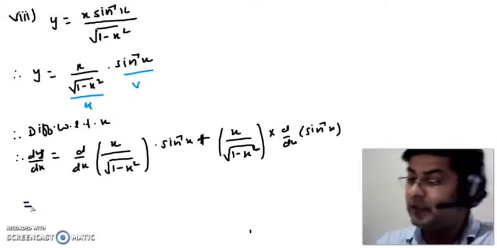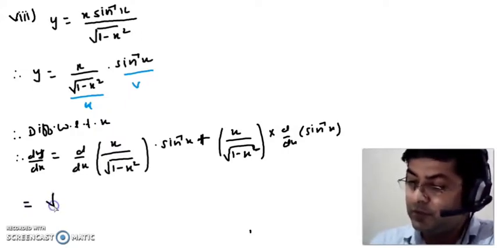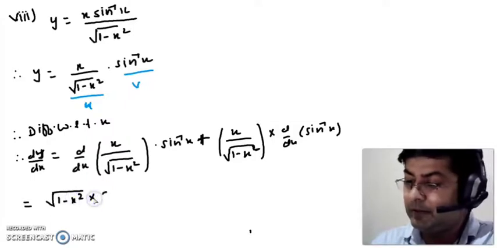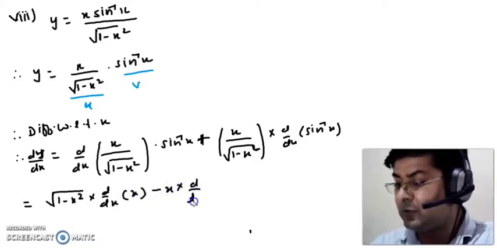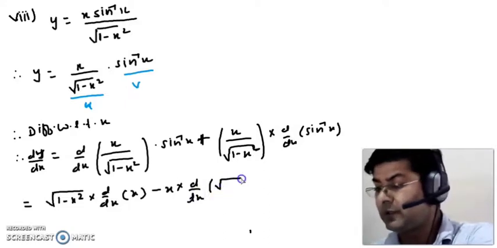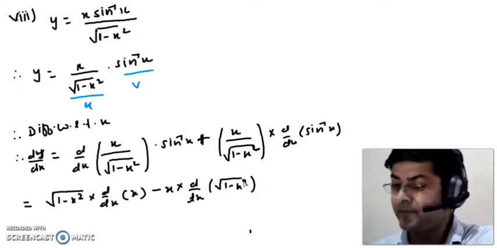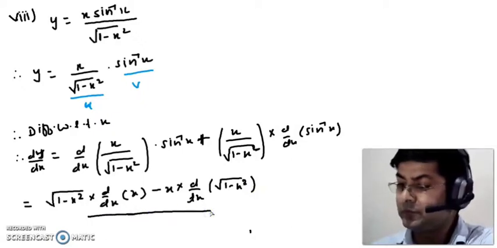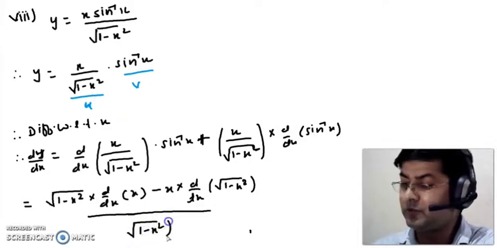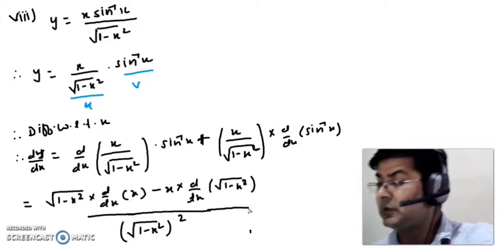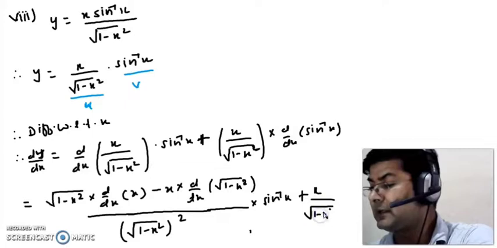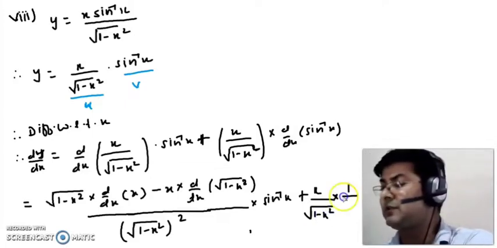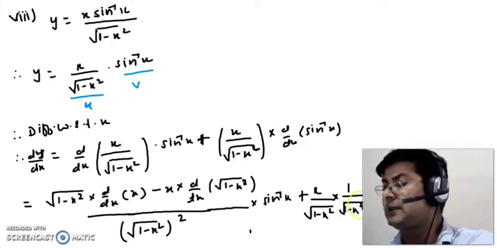So dy by dx is equals to, in the numerator we have v as it is into d by dx of x minus x as it is into d by dx of square root of 1 minus x square upon denominator the whole square root of 1 minus x square the whole square, plus into sine inverse x as it is plus x upon root of 1 minus x square into differentiation of sine inverse x will be 1 upon square root of 1 minus x square.